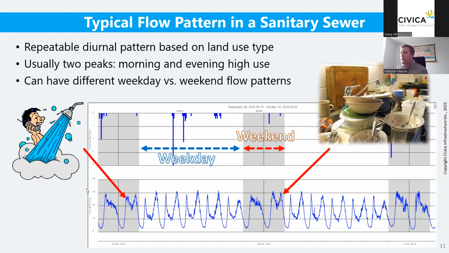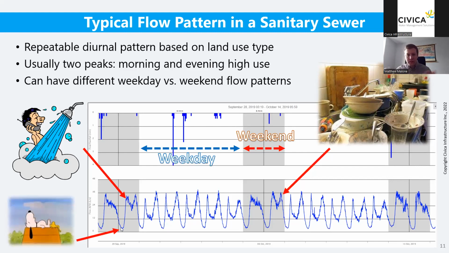This is your typical human-induced input. And then at night everybody's in bed and nobody's using the water or the facilities, so very little water use. This is the typical diurnal pattern and flow pattern that we see in a sewer system and a wastewater system anyways.